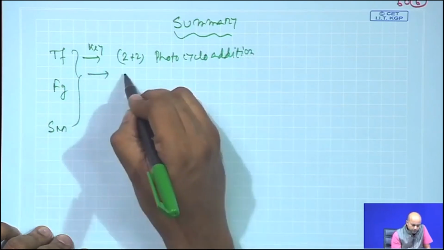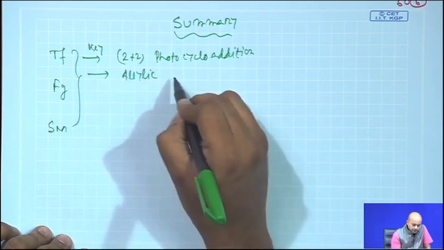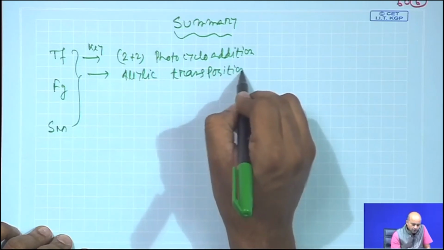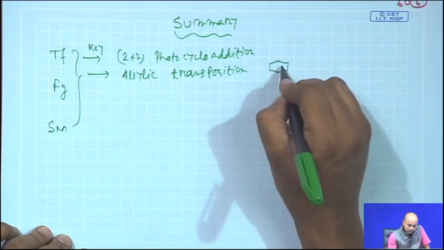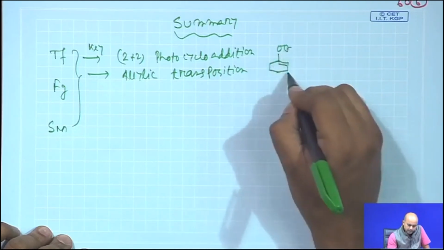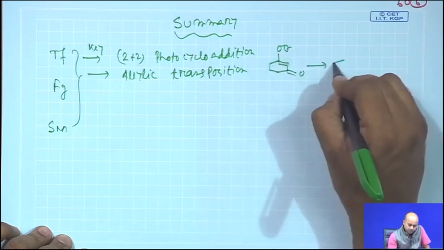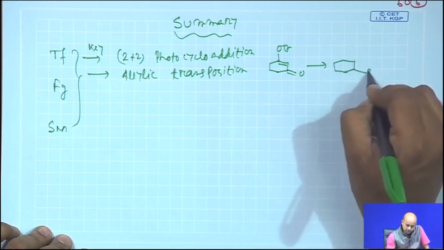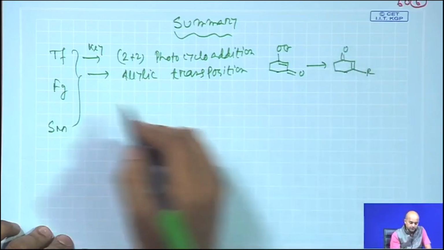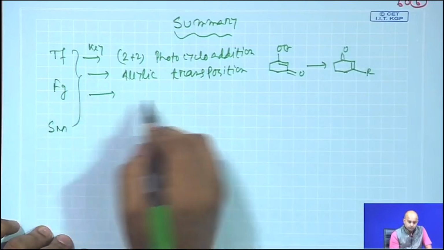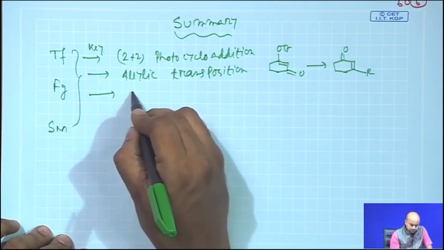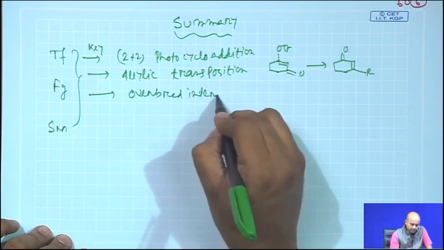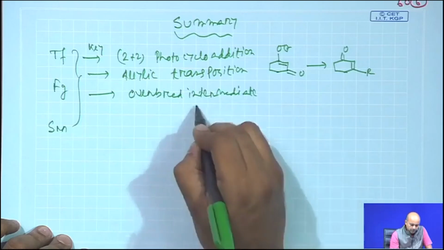Before that we used an allylic transposition of this kind of vinylic ether to give you a target molecule something like this. This is a transposition we used, and we also used this bridged intermediate, which falls into the class of this topology.